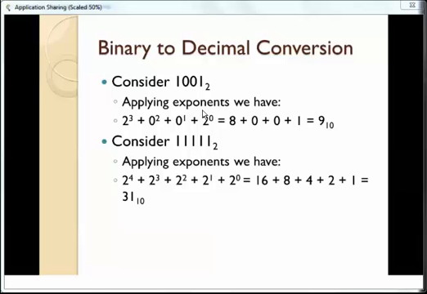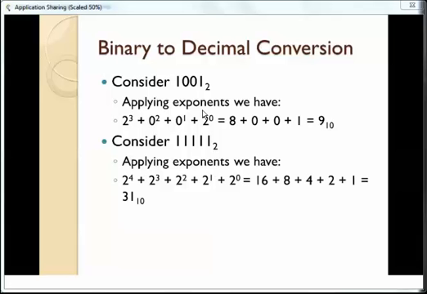So if you look at 1001, the first one in this string is going to be located at the fourth position with the exponent 3, because we're always starting at 0. So it would be 2 to the third power.